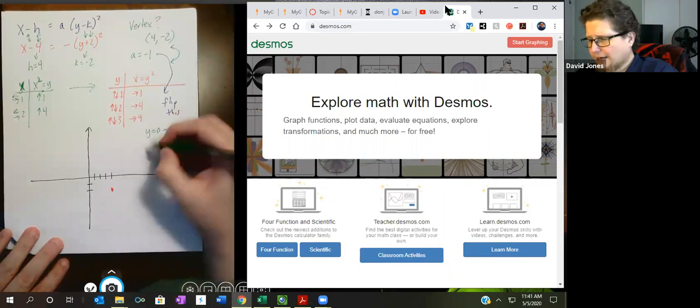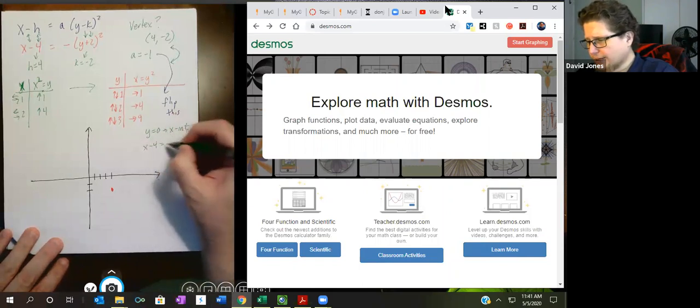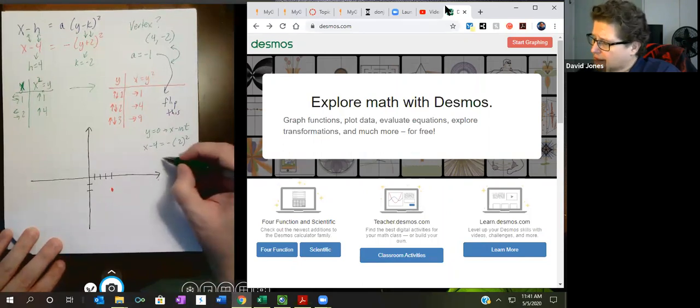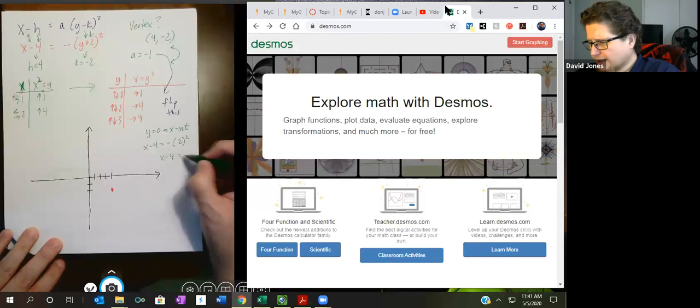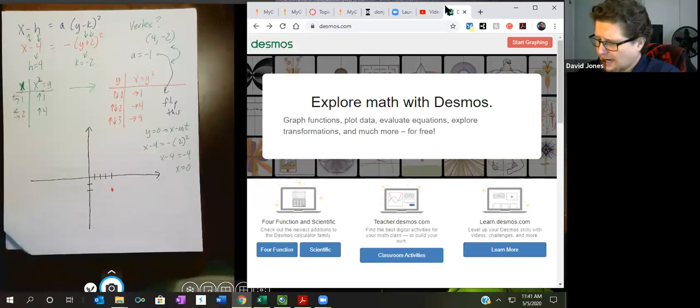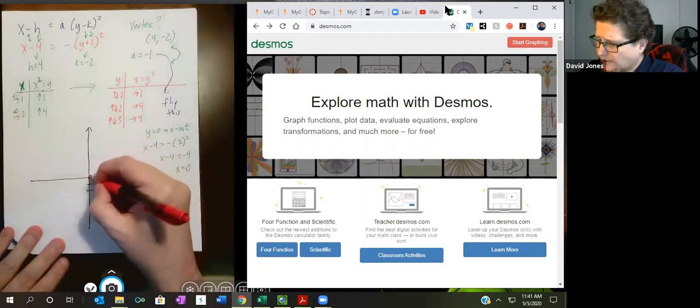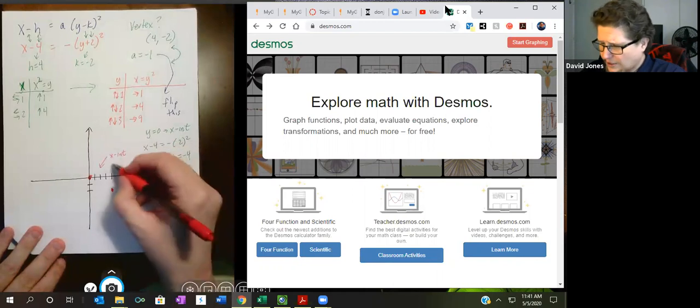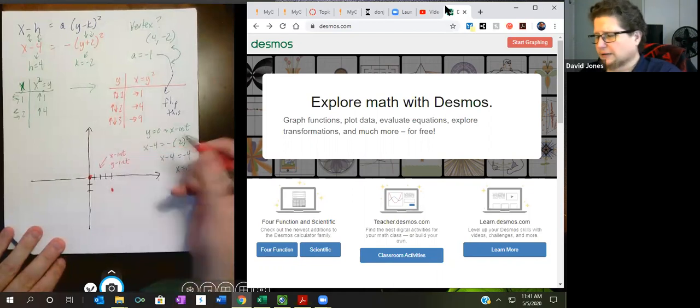So I've got x minus 4 equals negative 2 squared. x minus 4 equals negative 4. x equals 0. I have an intercept at (0, 0). Looks like it's a y-intercept as well.